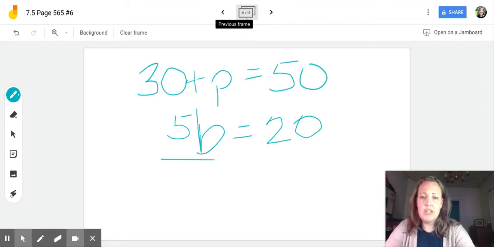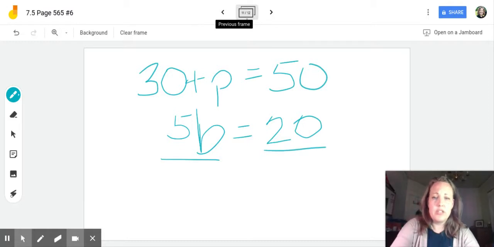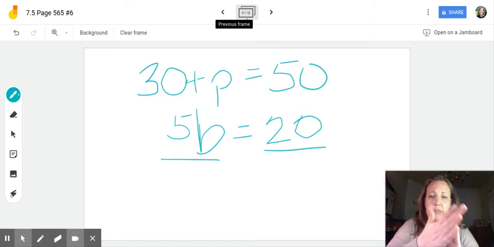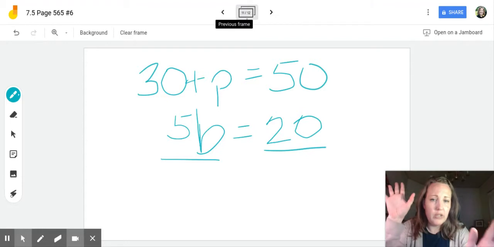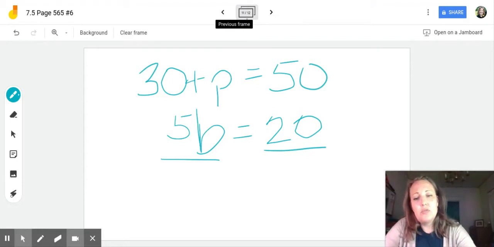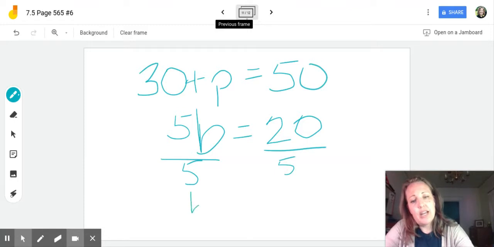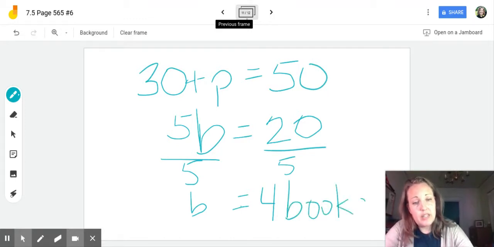So we're going to undo. So this is my equation that it asked me to write. That's it. 5b equals 20. You could use x or p or whatever. I'm going to undo my multiplication with division on both sides, right? So May needs to read 4 books, okay? Makes sense? Okay, let's look at the next question.